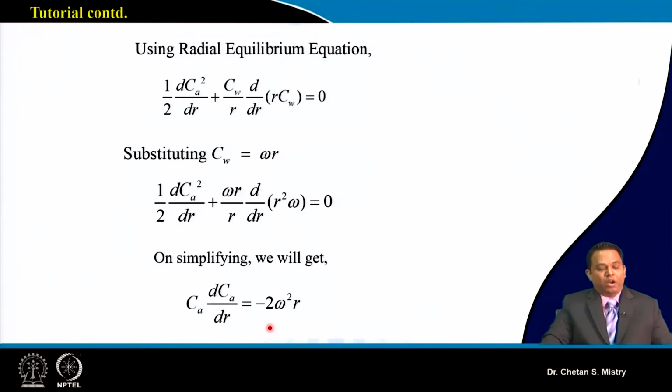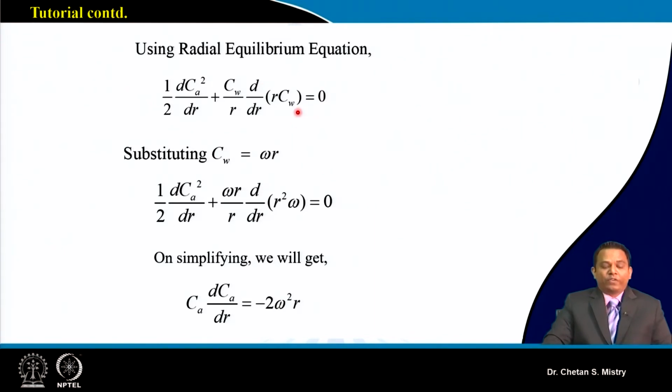Now we do not have any information about how my axial velocity is varying. So in order to take care of that, we have our radial equilibrium equation. If I write down this radial equilibrium equation, the formulation will come like this.